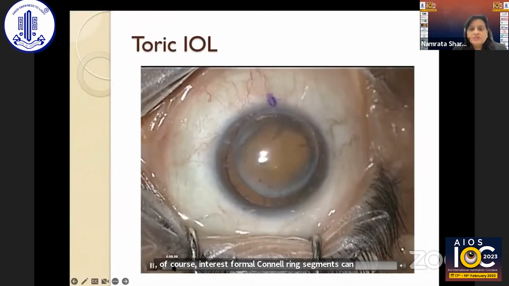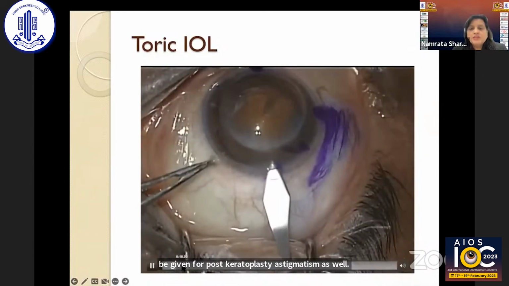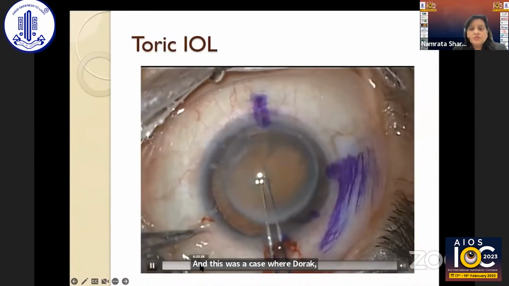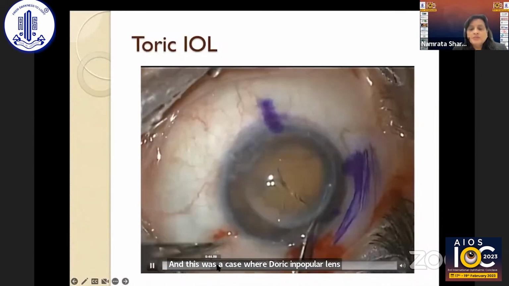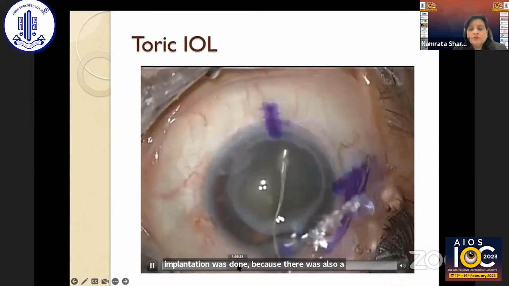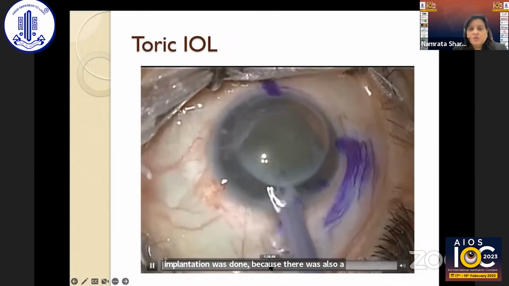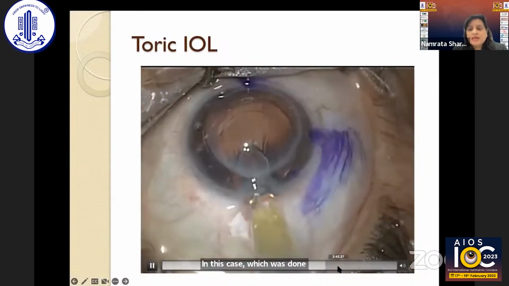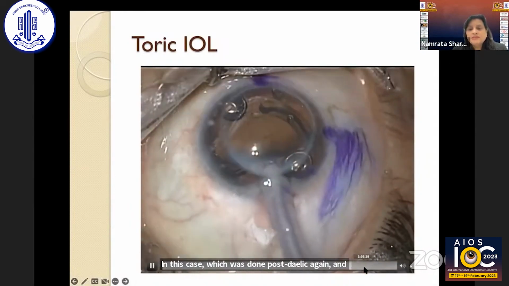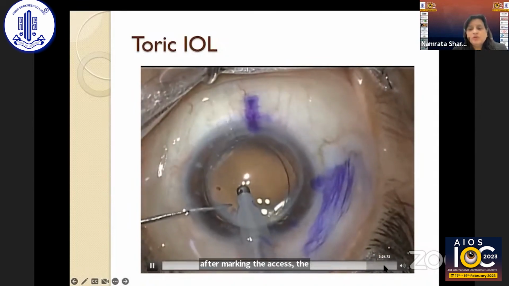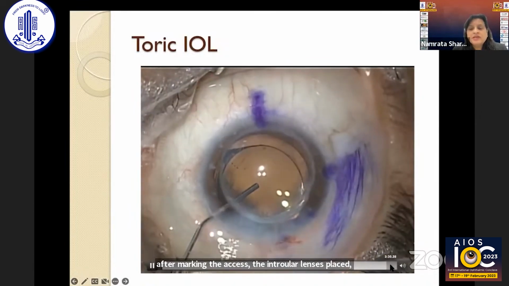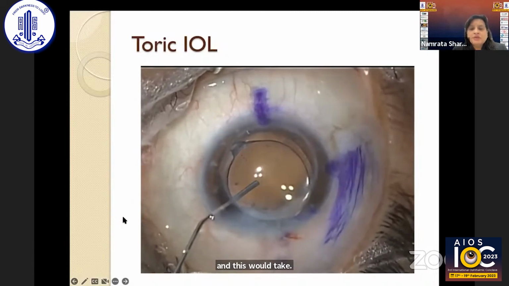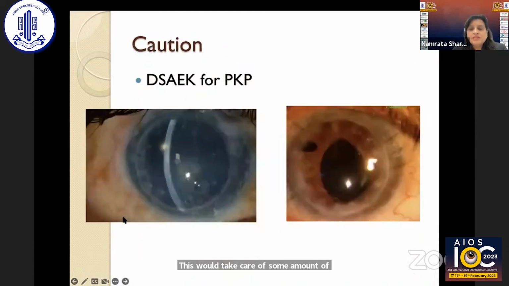And this was a case where toric intraocular lens implantation was done because there was also the presence of cataract, which was done post-DALK. After marking the axis, the intraocular lens is placed, and this would take care of some amount of astigmatism, especially the one which is lenticular.